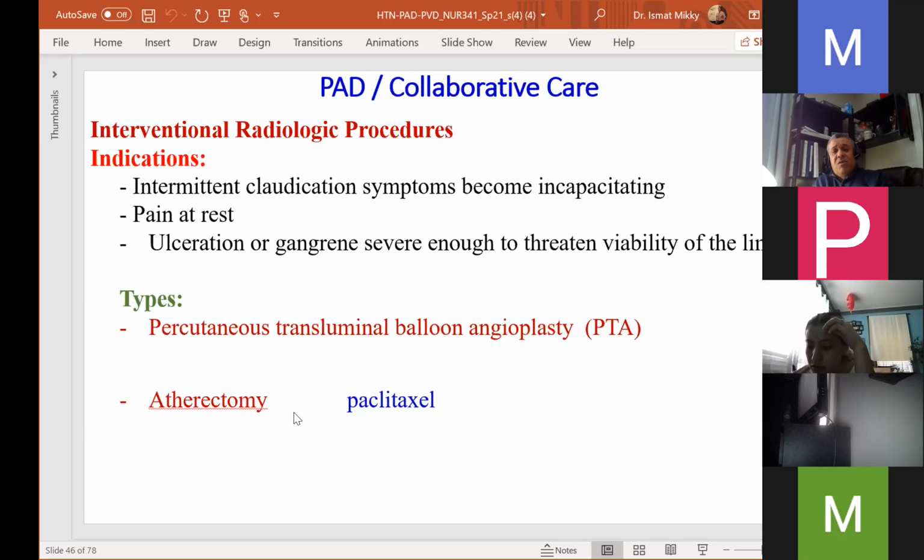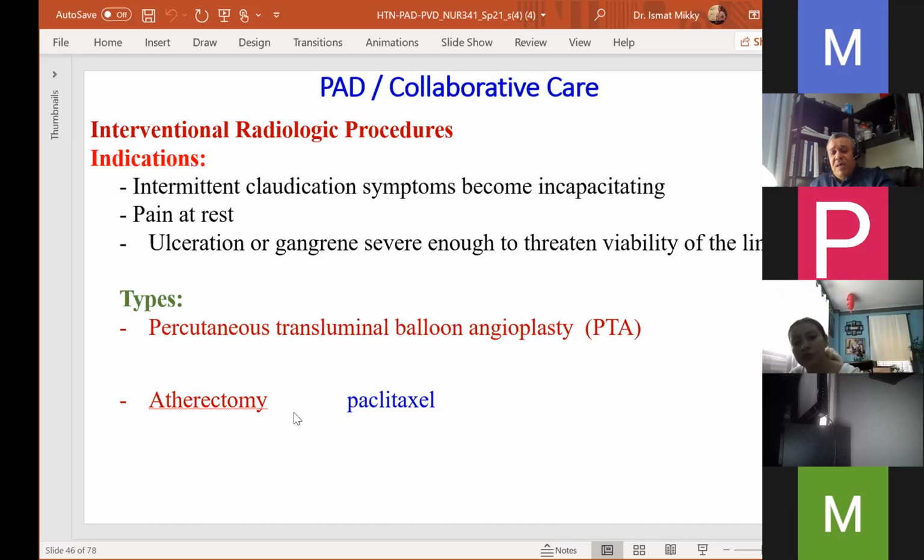So the patient is taking all these meds, but the symptoms are getting worse. The patient still experiences pain at rest. Now the treatment, because we want to prevent the necrosis and prevent the patient from losing their limb and undergoing amputation.